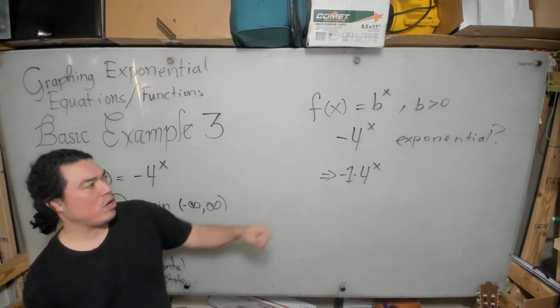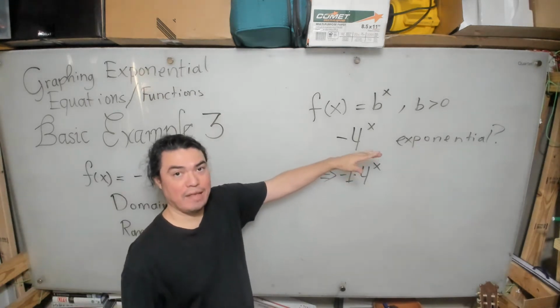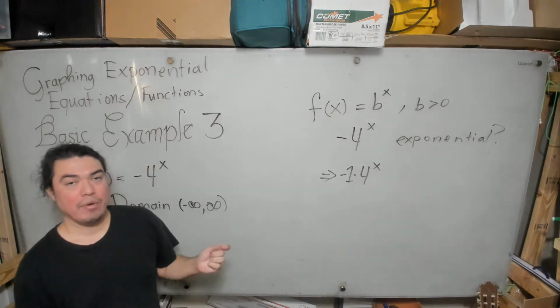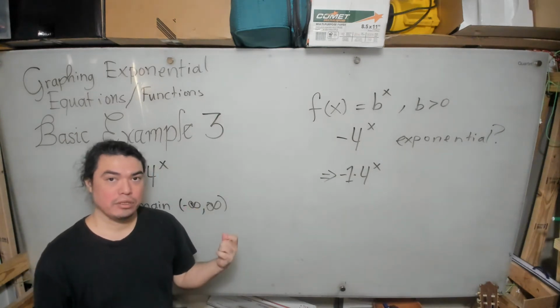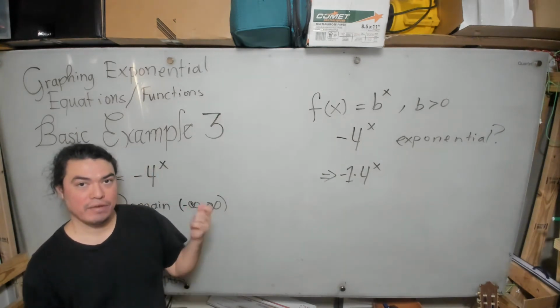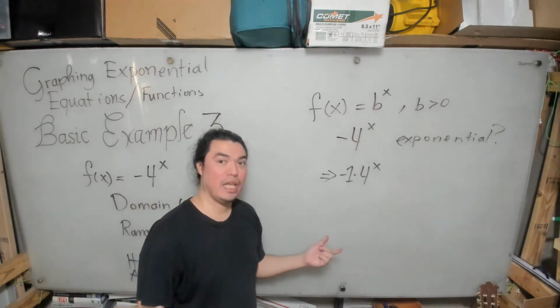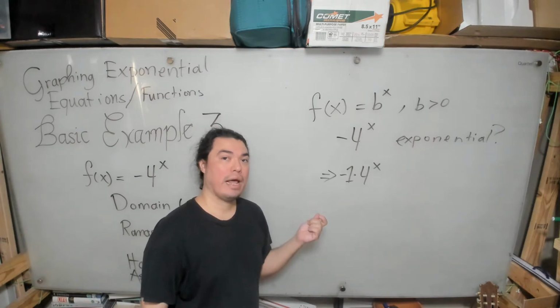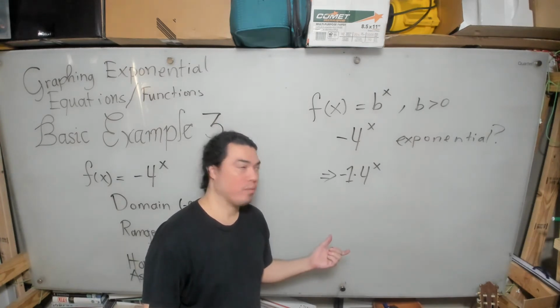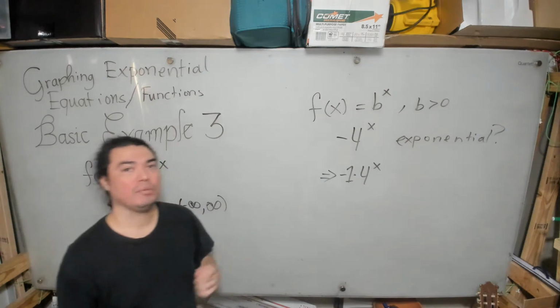Well, if I want to evaluate this expression at any value of x, I will have to perform the exponent first before I perform the multiplication with the negative 1. And so that means that what's going to be raised to the exponent is the 4, and only after that will the result be multiplied by negative 1.